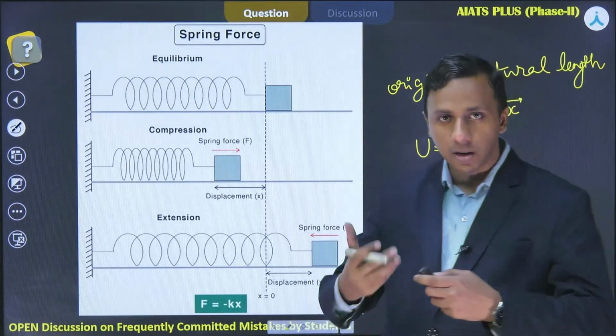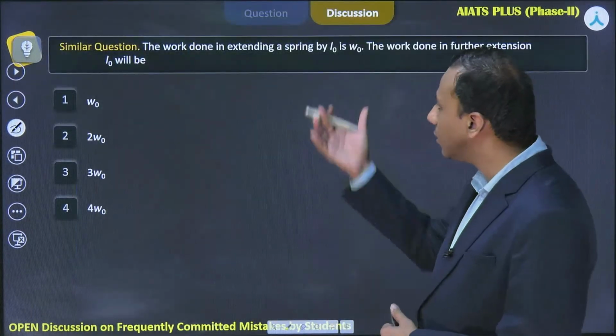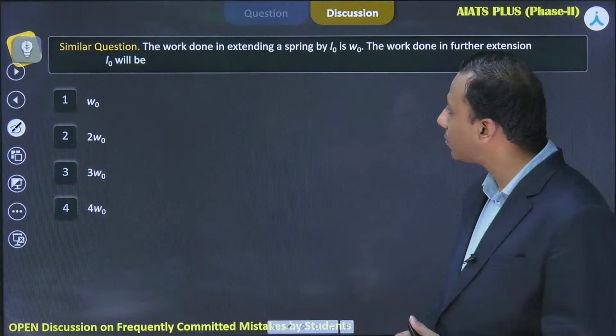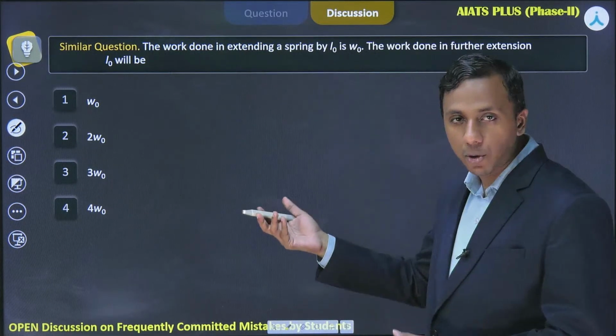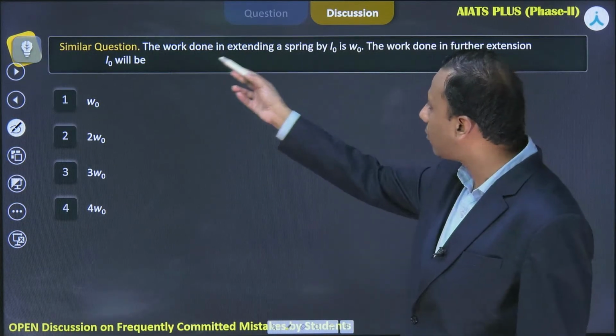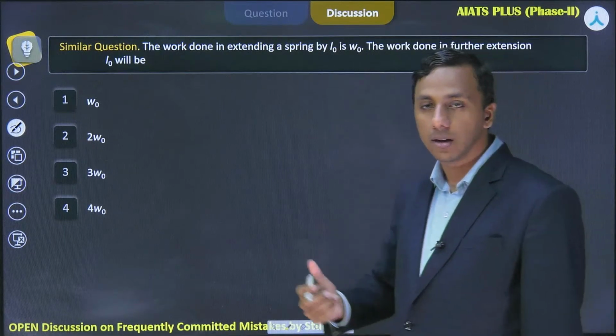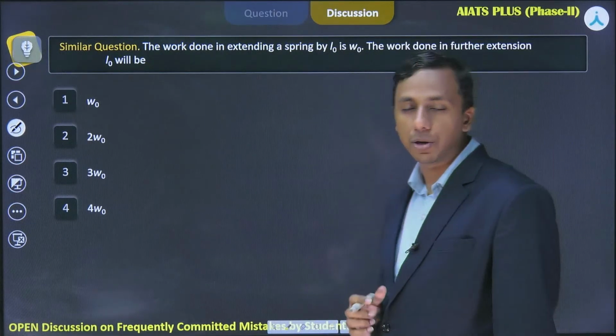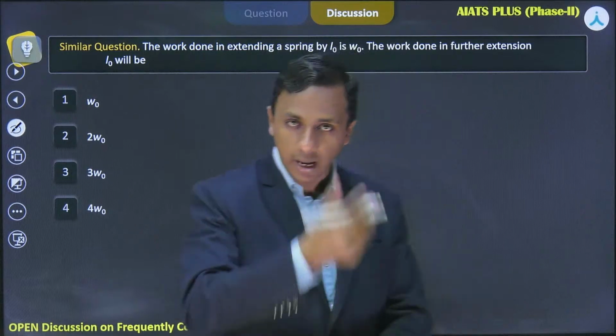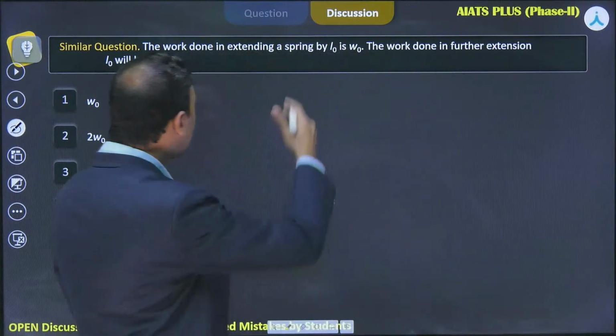Let's do a similar question, just like this one. See, this one you would be finding it very easy now. See here, literally the same question, right? Initially, if you see, the work done in extending a spring by L naught is W naught. Okay, by L naught extension, work done is W naught.